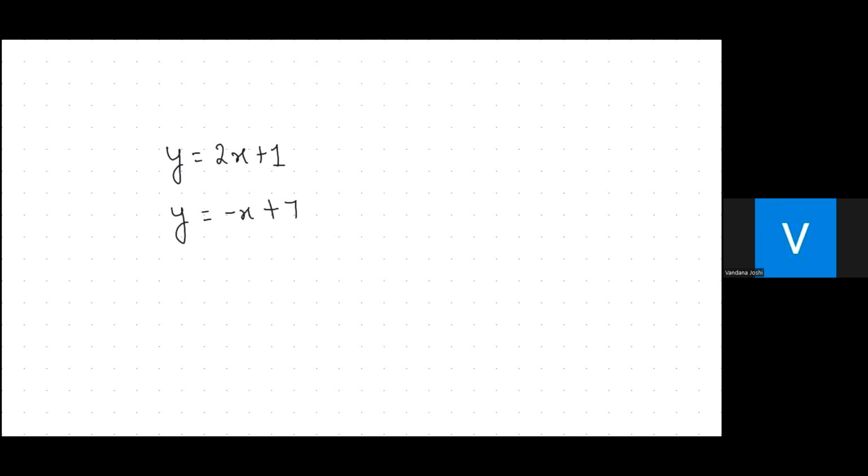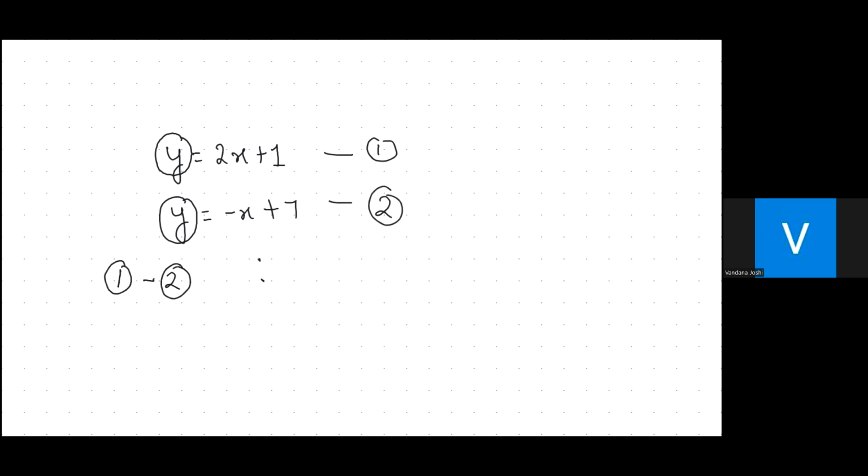So in these two equations, I can see that we have y on the left side and one more y in the second equation. So if I mark this as equation 1 and this as equation 2, and I subtract equation 2 from equation 1, I'll be able to get rid of this y.